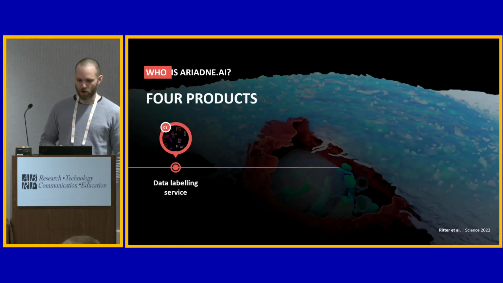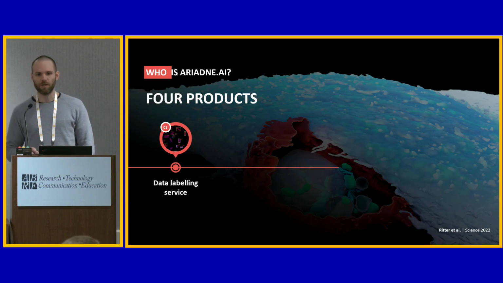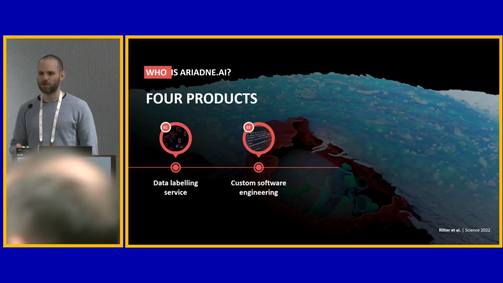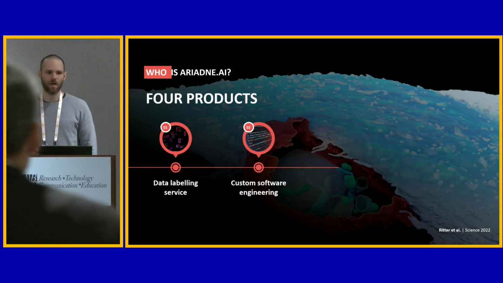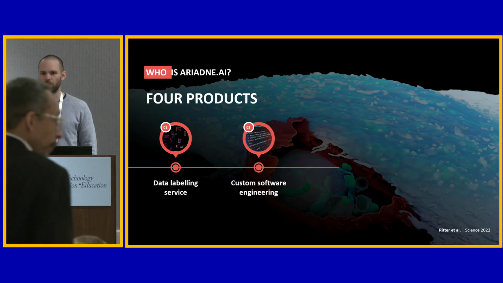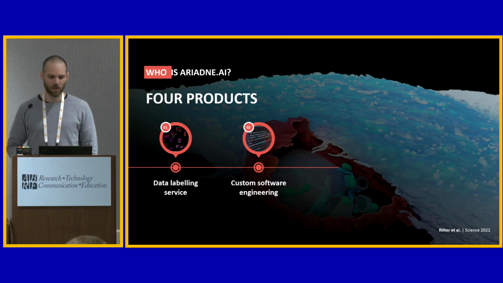We have 4 products broadly. We have the data labeling service, that's the manual aspect of the portfolio. We have the custom software engineering, where you get access to someone in our engineering team to build an ML, machine learning, or AI, artificial intelligence-based pipeline for processing biomedical data.